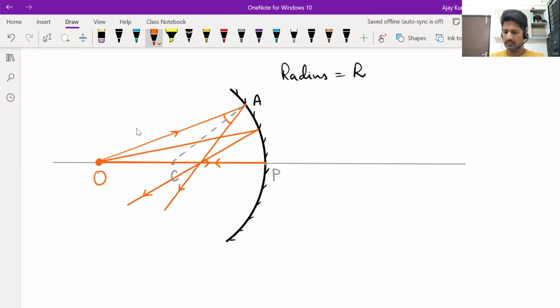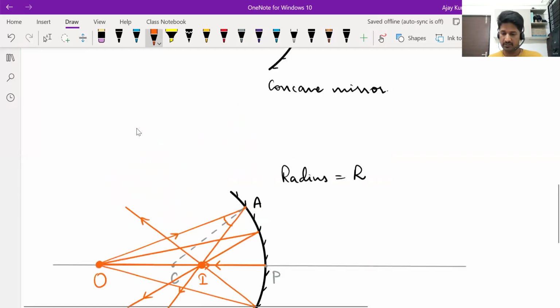So you can take any number of incident rays as you want. You can take some on the lower side of the mirror also. Maybe one like this gets reflected this way. So they all pass through a common point, and that point is what we call the image location I. Why is that the image location?